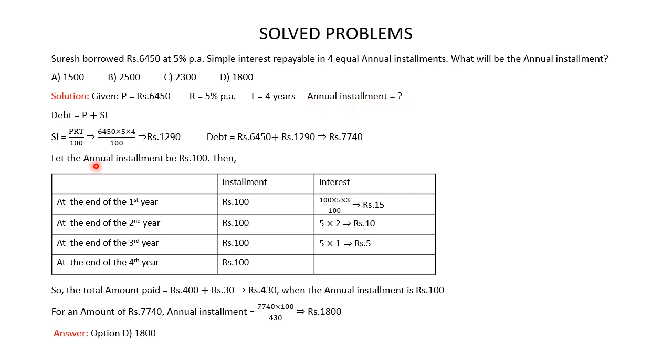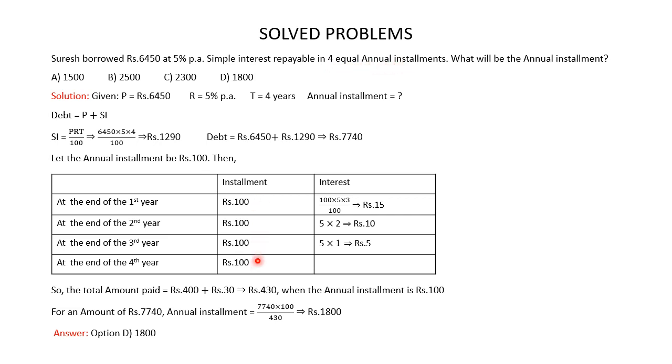So let's assume that the annual installment is rupees 100. Then this debt has to be repaid in 4 years. Now this payment includes both installment and interest. Now it's given that the annual installment is the same for the 4 years, because it's given that the debt is repaid in 4 equal annual installments.